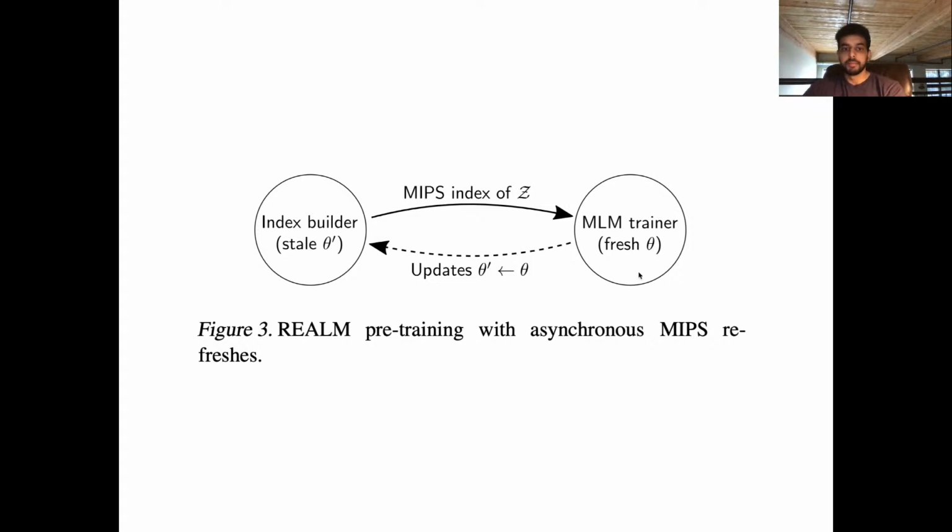And keep in mind that at this point, the masked language modeling trainer is doing more and more updates, so it always has the latest set of parameters. The index builder gets an already stale set of parameters, builds its index, and then sends it over to the masked language modeling trainer. And this happens asynchronously.